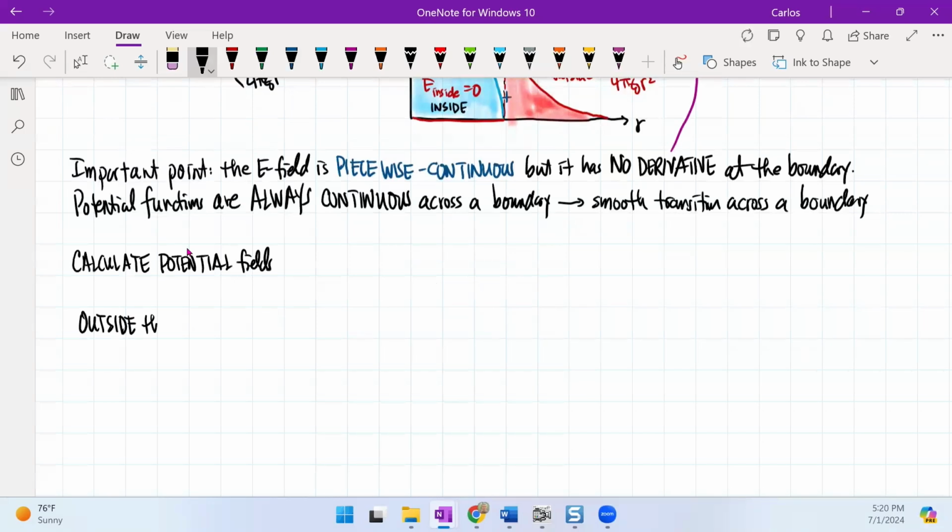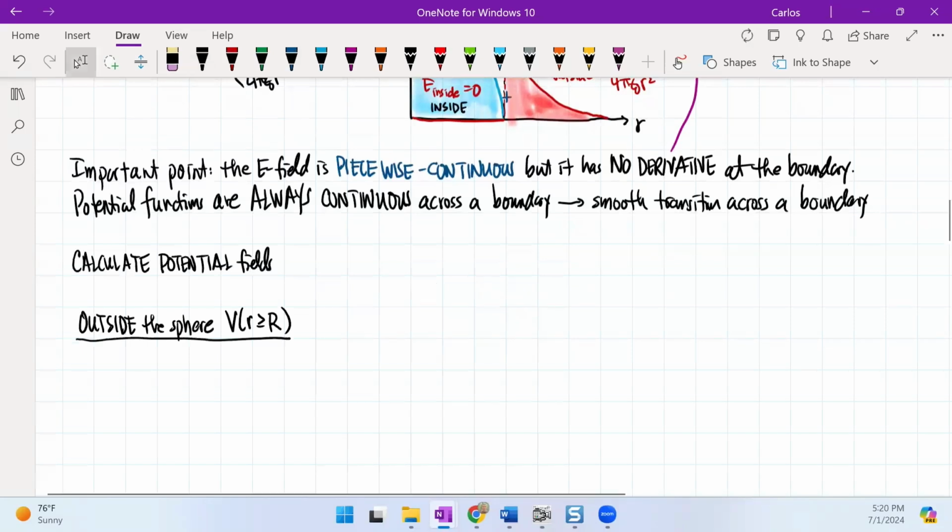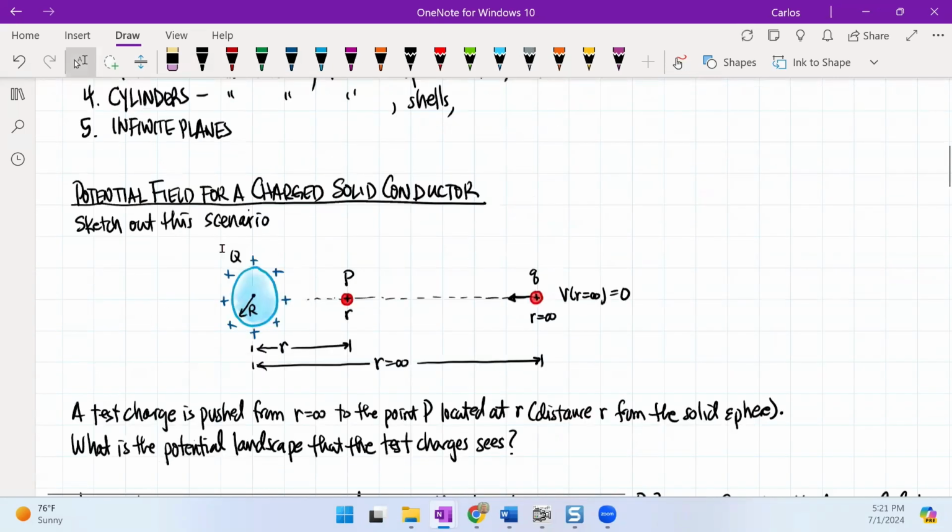So outside the sphere means that we're looking at the potential for R greater than or equal to the radius. So let's go and look at that. Again, we want to set up a picture. And you know what? We've already set up a picture right here. So I'm going to draw a quarter, but it's the same scenario right in here.